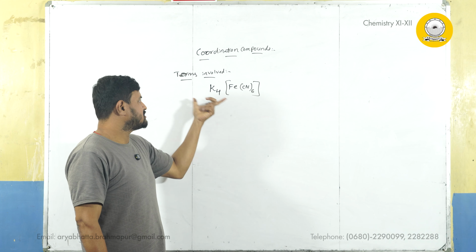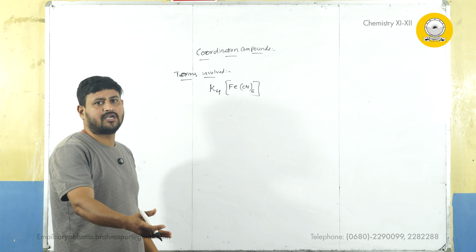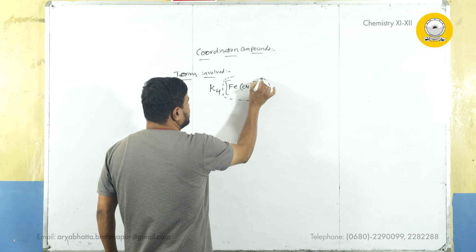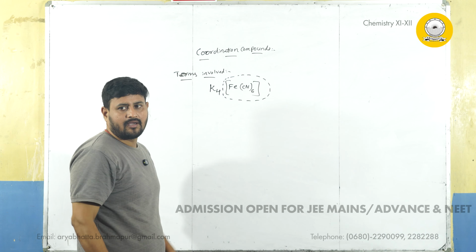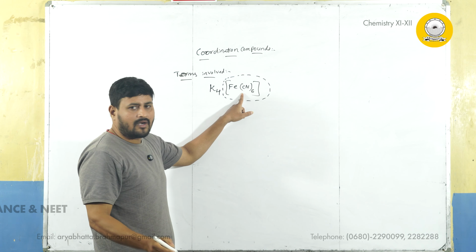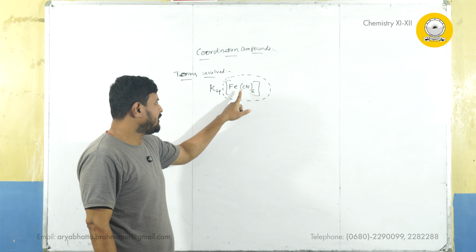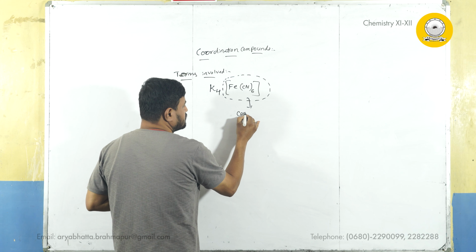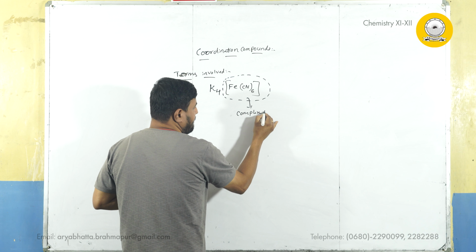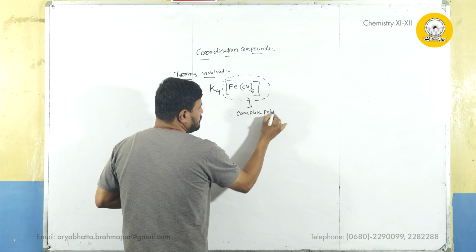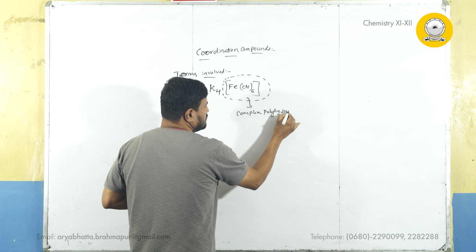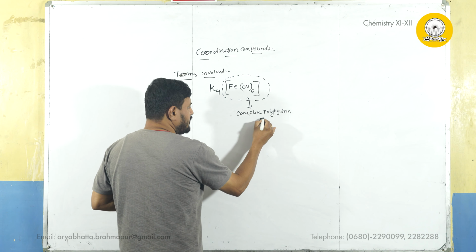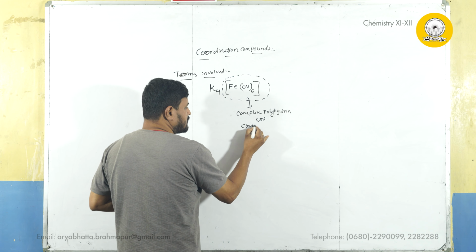What are these concepts? I am already discussing this part, very important. This part is the non-ionizable part. This is the complex polyhedron, also known as the complex sphere.